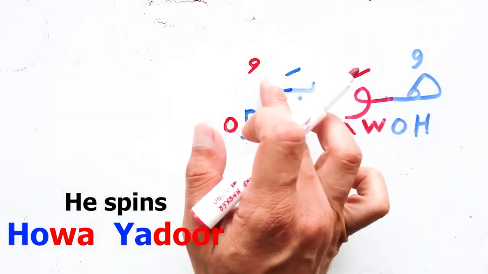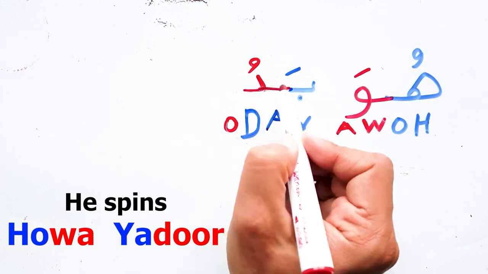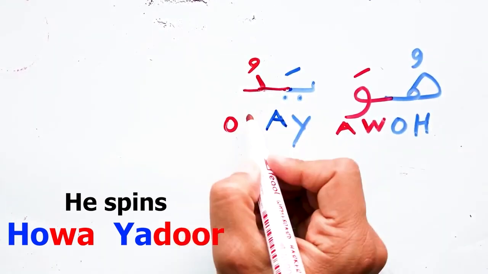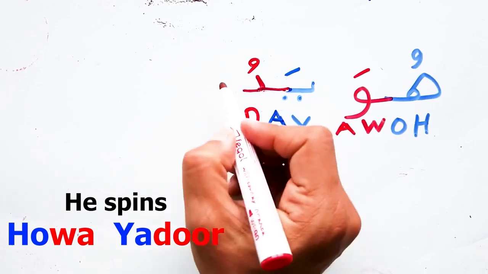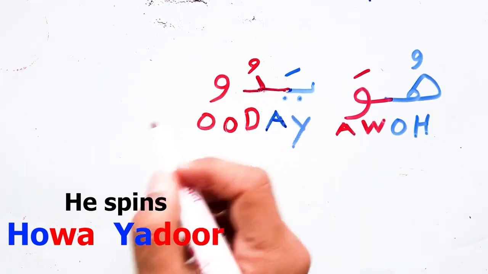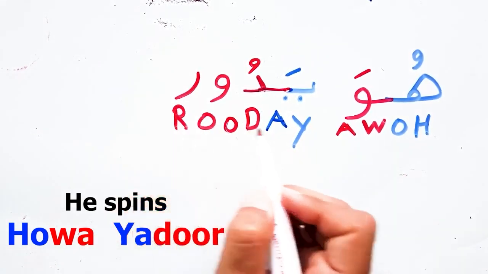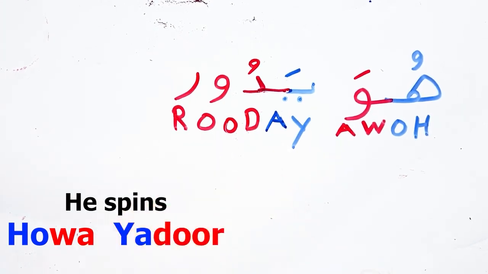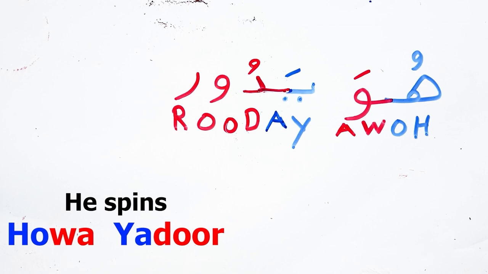So let's change the color to be now in red because it is separated. يدو, long vowel. Do يدور, the sound of R. هو يدور.